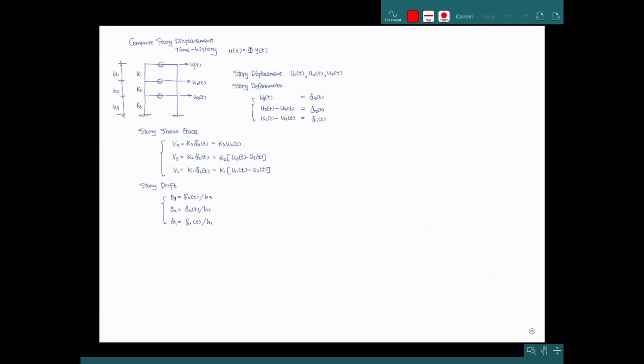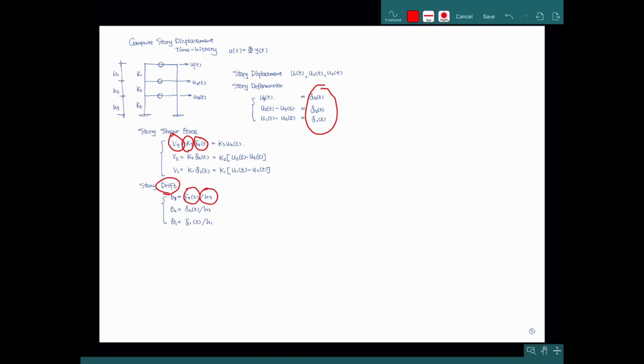This is the detailed calculation of the story displacement of each story, and we use the stiffness times the displacement. We can capture the story shear. And story drift, what is drift? Drift means the story difference displacement, the difference between two story displacements over the story height.